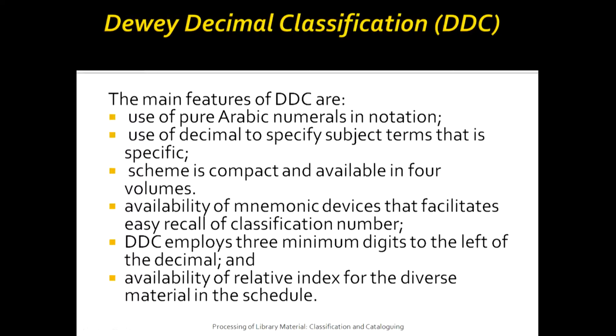Now, mnemonic device is a device which facilitates the use of repetitive numbers in similar cases. Then the DDC also employs 3 minimum digits to the left of the decimal, and there is availability of relative index for the diverse material in the schedules.